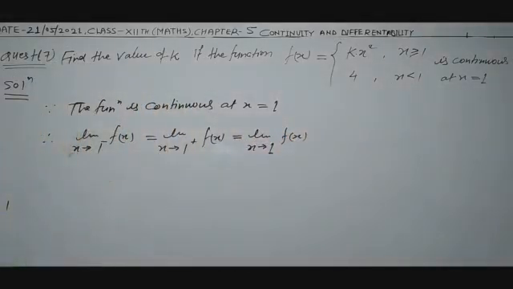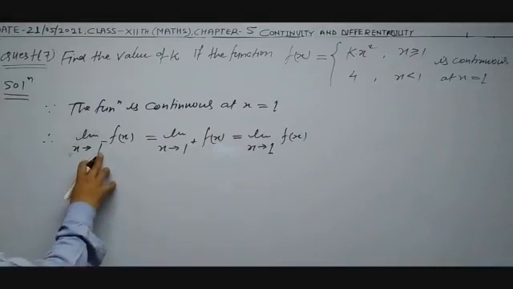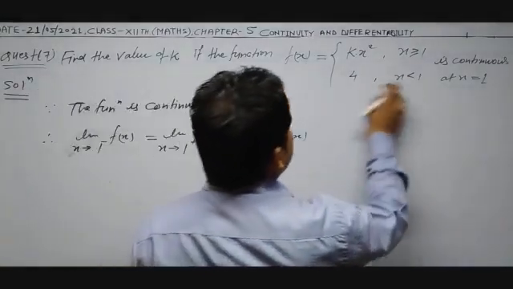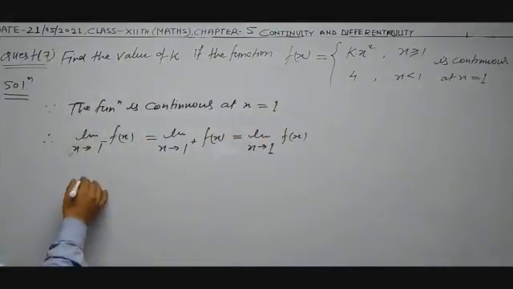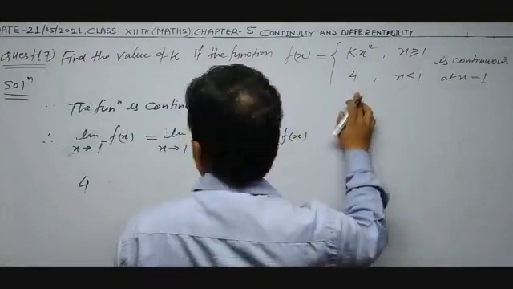This is the necessary condition for the function to be continuous at x equals 1. So limit x tends to 1 minus means less than 1, and the result is 4.